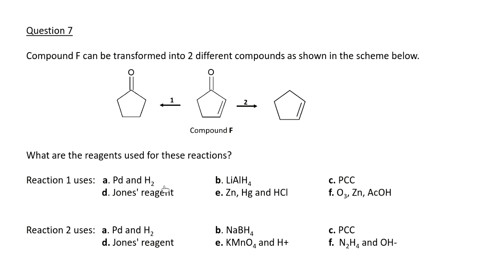Wonderful. How about going from compound F to H? What are we going to use? So we want to form the alkene, and we're removing the ketone. What can we use? Nope, not B. Nope, not Jones reagent. Very good, F. Hydrazine base.